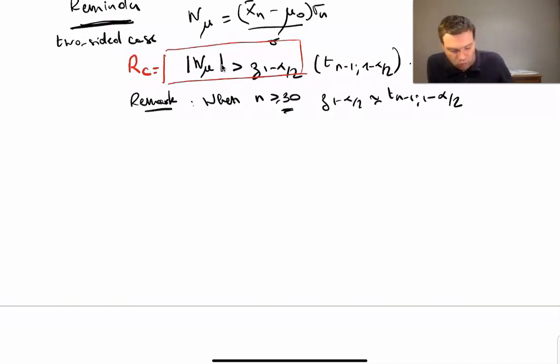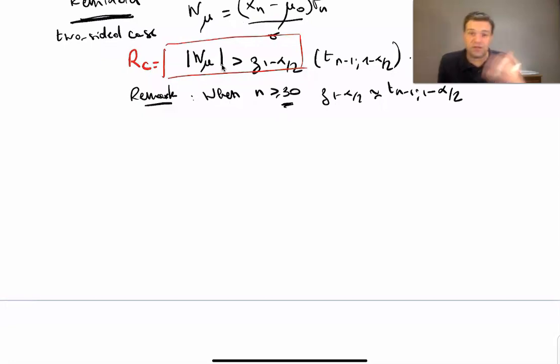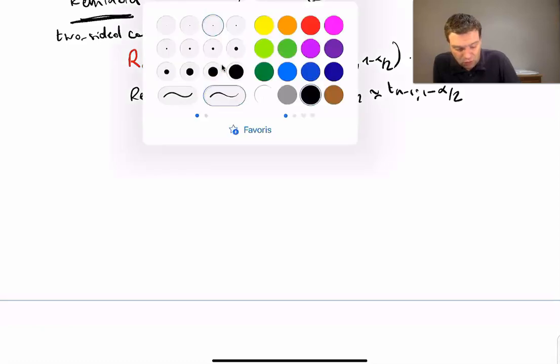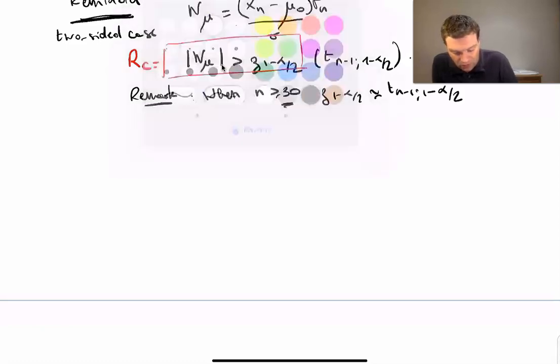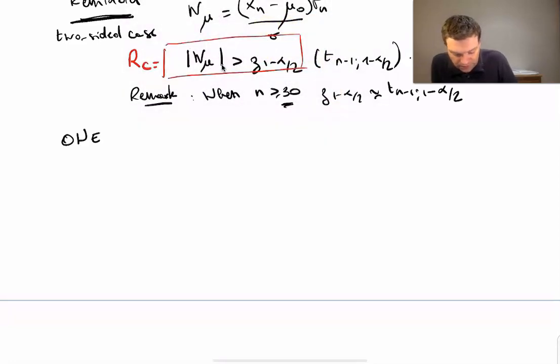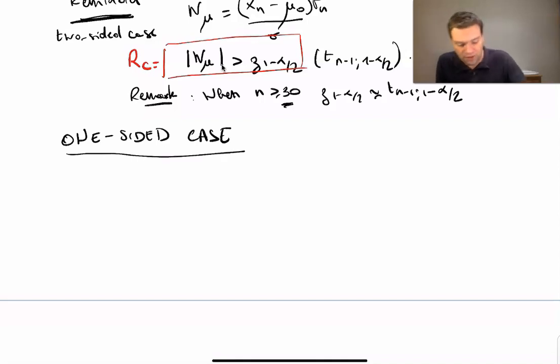Now let's go to the one-sided case. And this is the object of this lesson. I remember, in the one-sided case, I'm not able to draw lines.